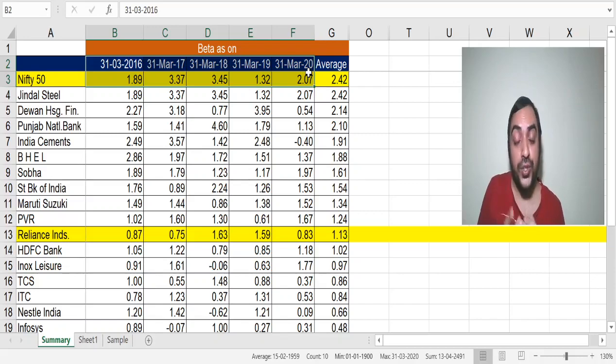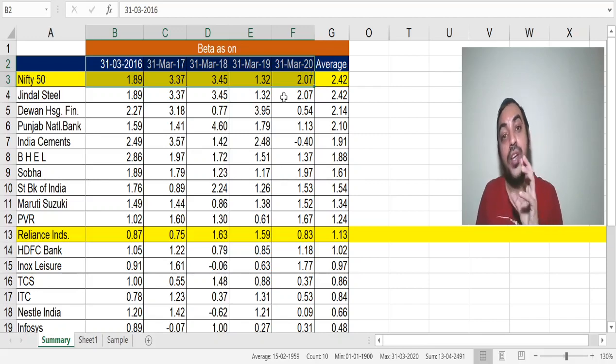So hope you understood the basics of beta. What does beta reflect? How to calculate it, how to download the data, which websites are available, and using Excel, how to calculate beta for a particular year, for a particular security. So I hope you will also try out many more based on this.